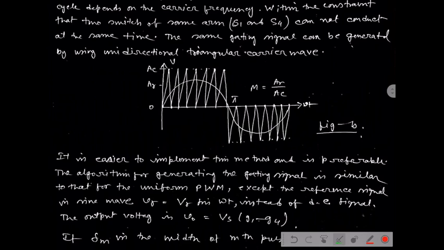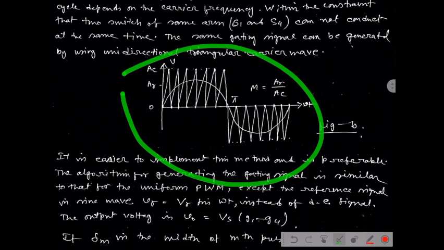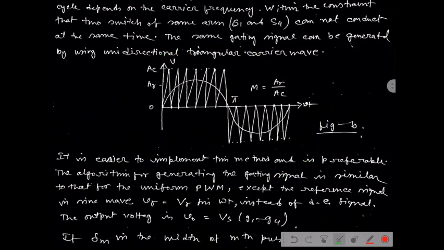Suppose we require only one sinusoidal wave, then we can change the carrier signal waveform. Then we are not using the bipolar carrier signal; here we are using the unipolar carrier signal for this one and for this one. That means we can avoid the other reference signal, the other sine wave. So this is one advantage of using this kind of carrier signal.